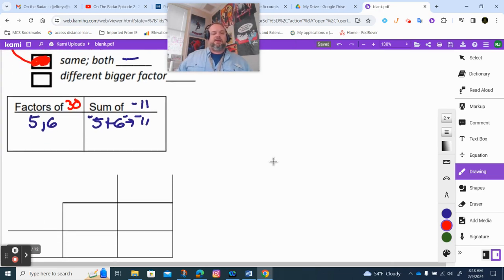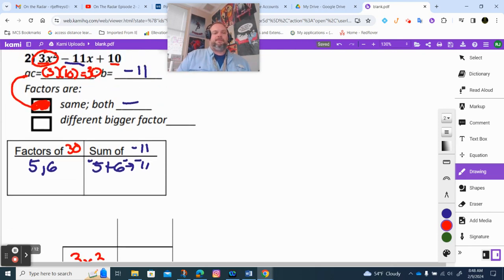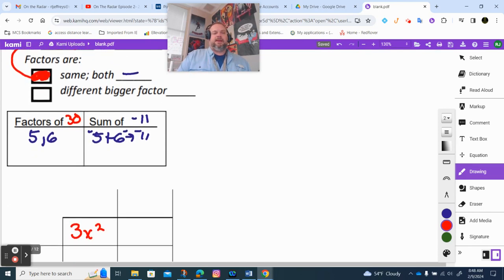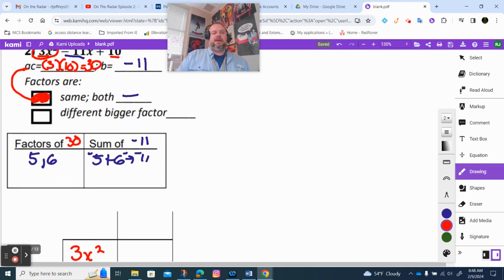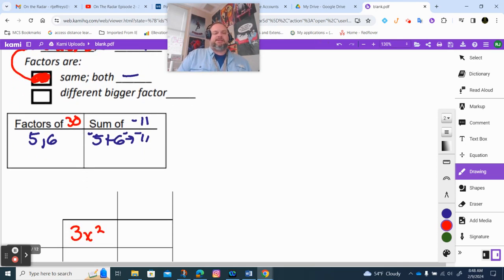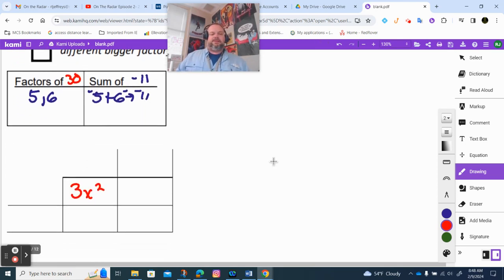So we write that right here, 3x squared. And our C term of plus 10. And now this is where we put our factors. And they've got to be negative.